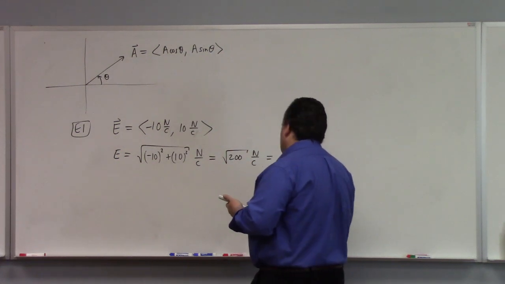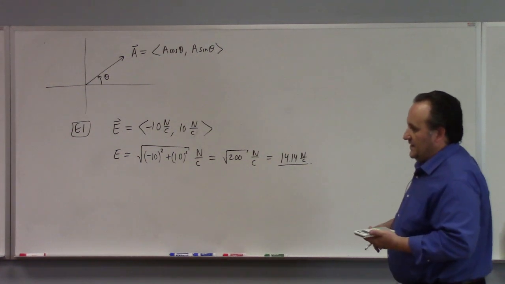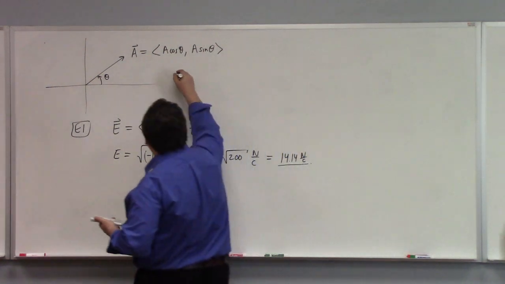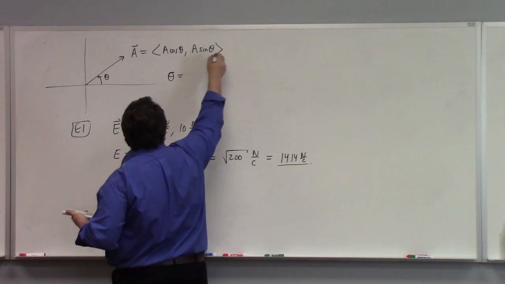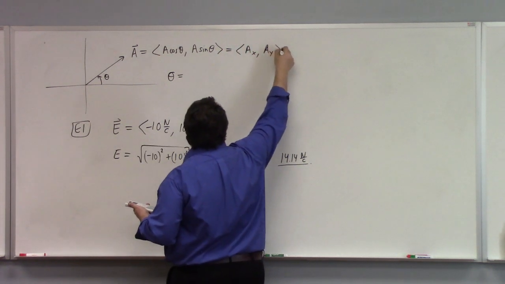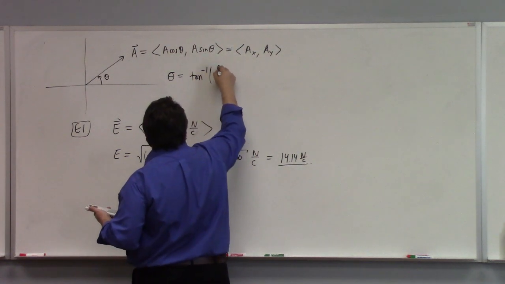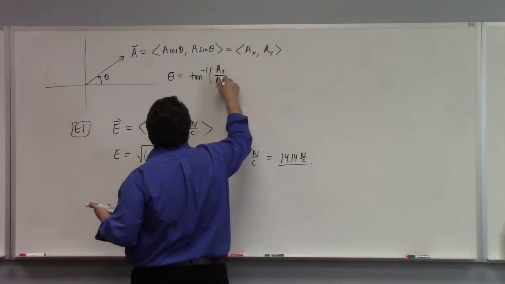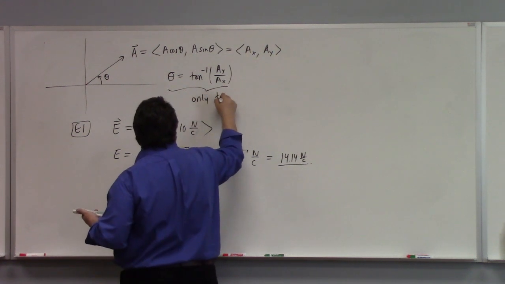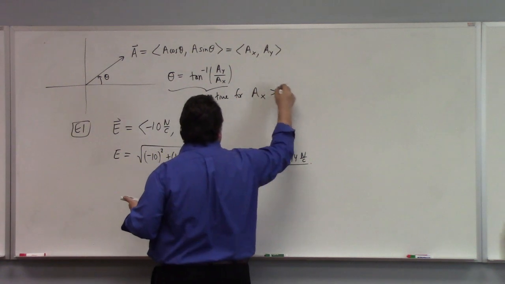Now if you were to use the inverse tangent, it's tempting to think of this as the x component and the y component, so theta is inverse tangent of y over x, right? Except this is only true for a sub x greater than 0.